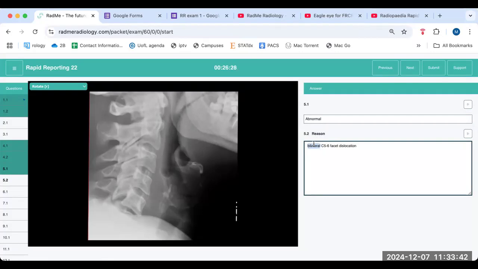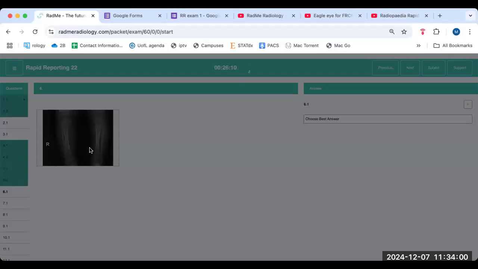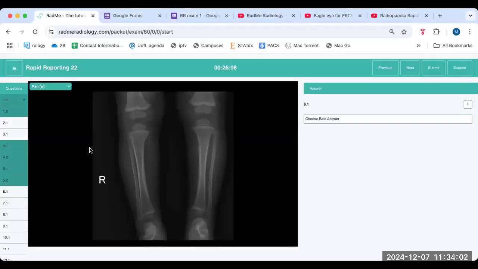So this is the side, this is the exact side, and this is the site, this is the abnormality. And I keep it in the same order. Okay. Why bilateral? Because the facet is locked. But it is better in the exam to use only unilateral and bilateral. Don't use any other terms like perched facet or any other thing.